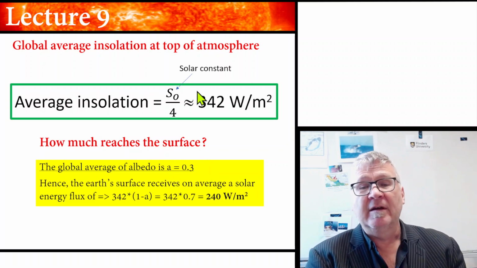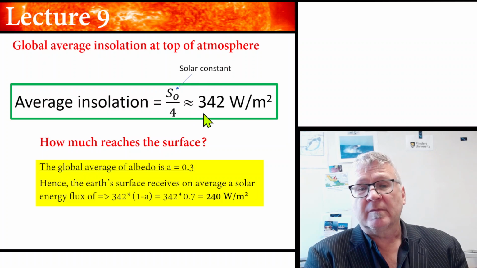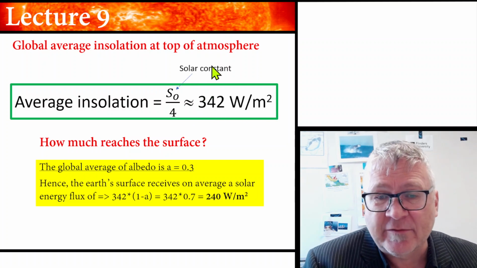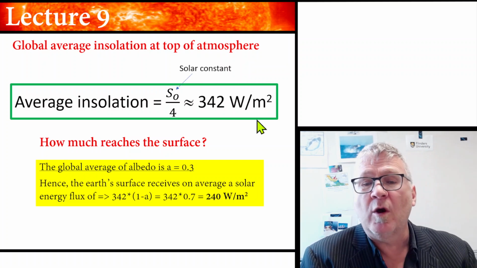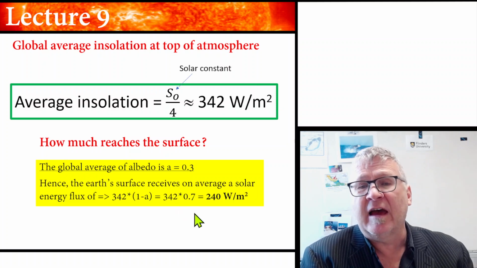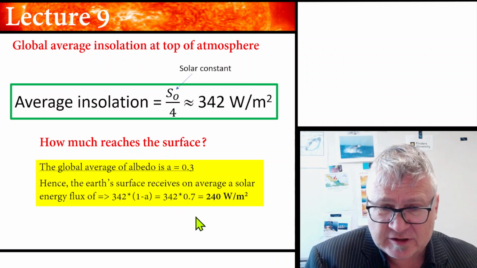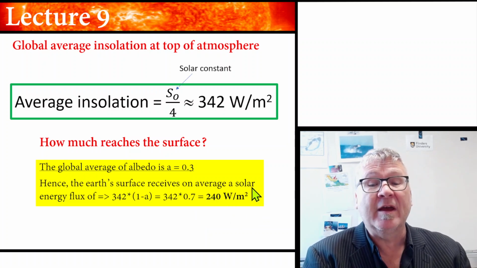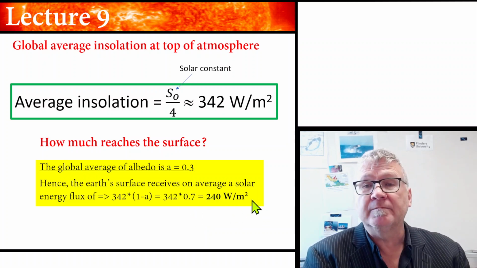If we have 342 watts per square meter coming in at the top of the atmosphere, we can work out that 70% of this reaches the surface. 70% is 100% minus 30%, which is the albedo. So 240 watts per square meter is the magic number.